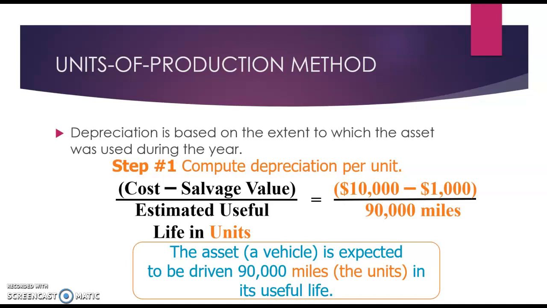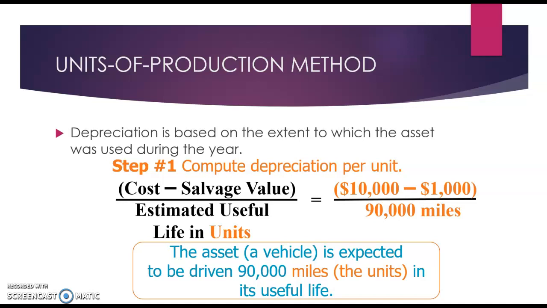So if I know exactly how much I have used a machine to help create revenues for that period, then I can calculate out the allocation of the cost, the depreciation, based on how much I actually used it. Then matching principle is perfect that way. So units of production really can help with that.